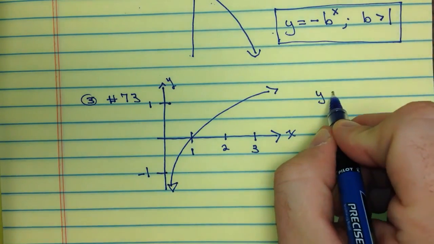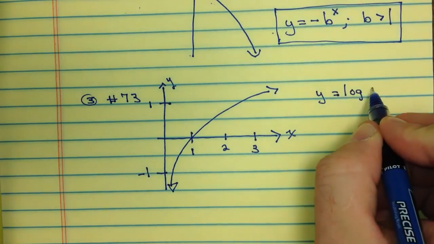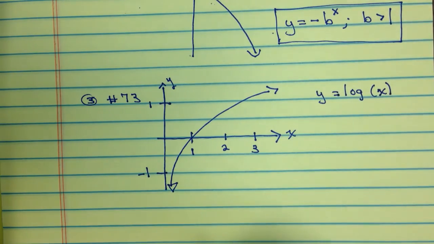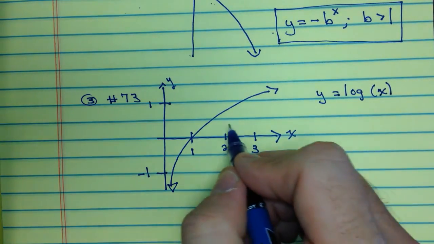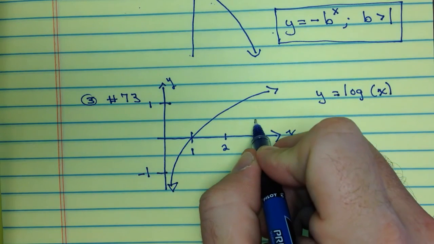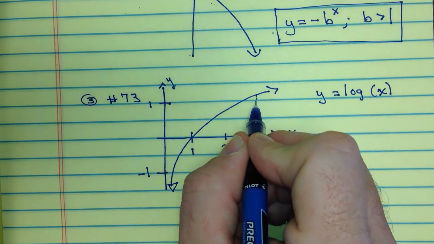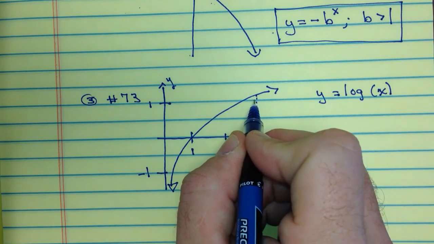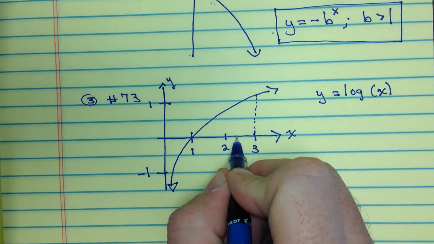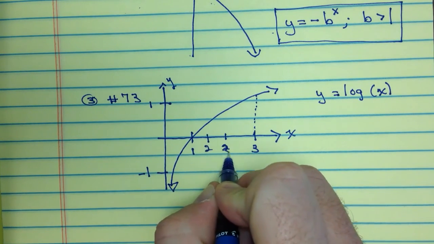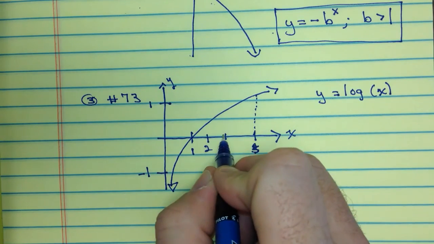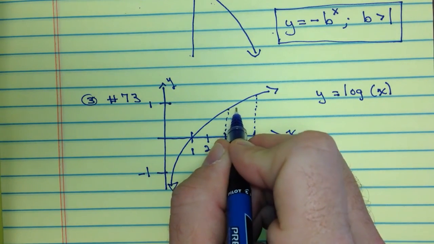So this is y equals log of x for the most part. But we're given some more information here. Actually, let me put the 3 right. Let's make a little change. Ignore that. Let's put the 3 right here.